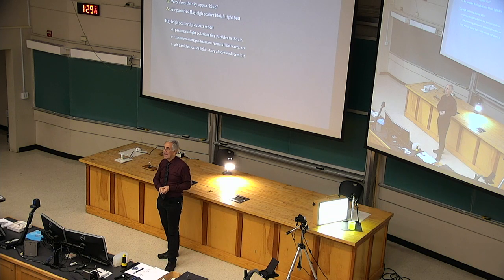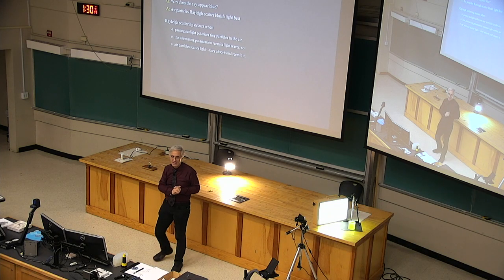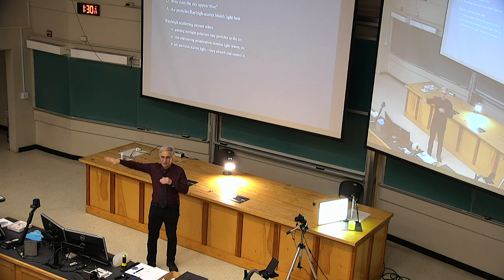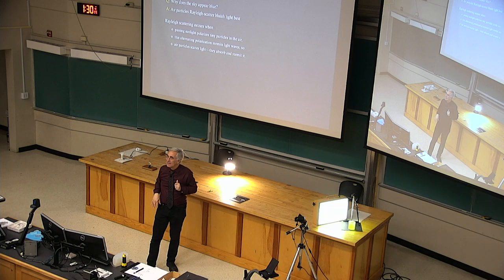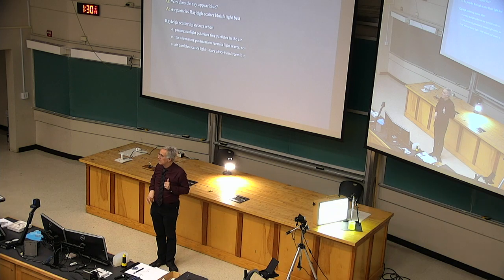So the amount of light that's left that manages to go by way of a straight shot to your eye gets weaker and weaker as the sun gets lower on the horizon, either at sunrise or sunset. Is that okay with everybody? Furthermore, it's preferentially red light that makes it through, which is why the sun looks red at sunrise and sunset. And I'll show you all these things. So far, it's all good?